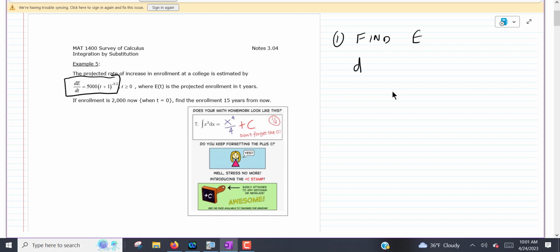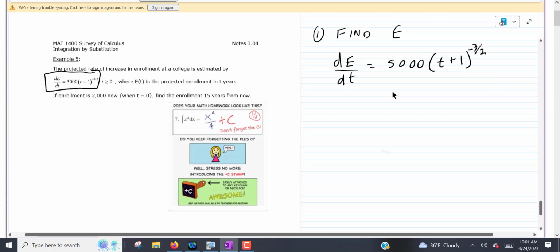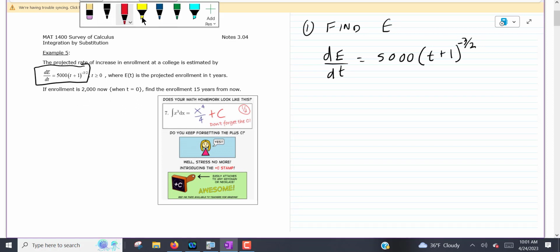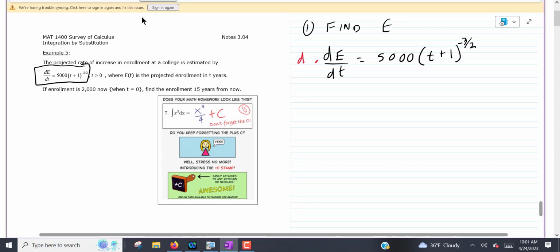So what you want to do is start by writing down the derivative that I gave you. That's dE over dt equals 5,000 t plus 1 to the negative 3 halves, like that. And then we're going to have to work backwards. So first of all, we want to multiply both sides by dt.